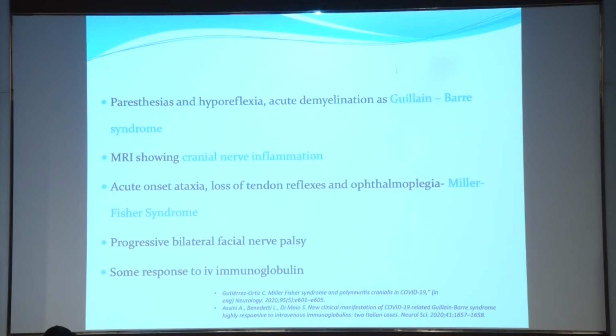Syndromes like Guillain-Barré syndrome have also been reported. There have been cases where MRI has shown direct cranial nerve inflammation, suggesting a direct neurotropic mechanism of the virus. Progressive bilateral facial palsy has also been reported, and some of these cases have shown a response to immunoglobulin.